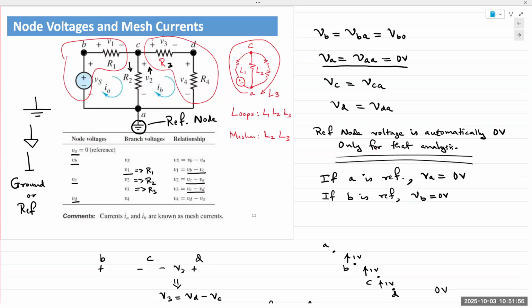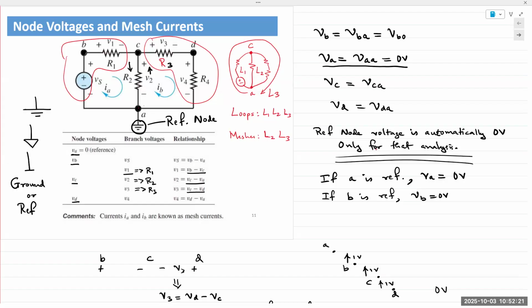The concept of node voltage analysis and mesh current analysis is based on KVL and KCL. The entire point of circuit analysis is to mathematically solve for the voltages and currents that appear in our circuit. In order to solve them mathematically, we need to write equations.